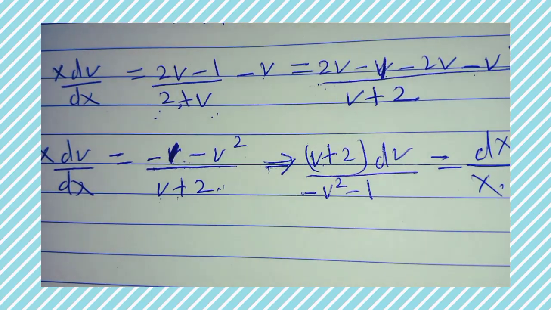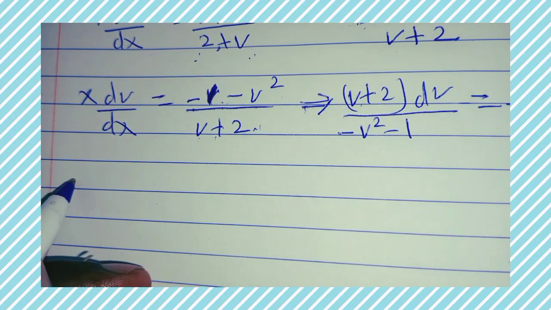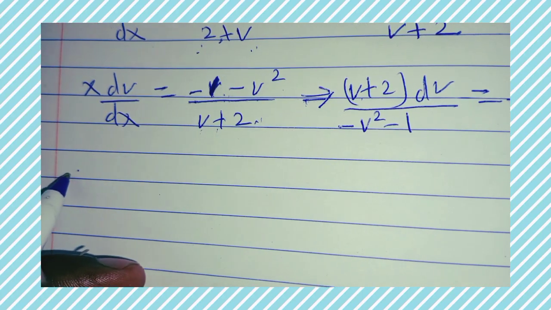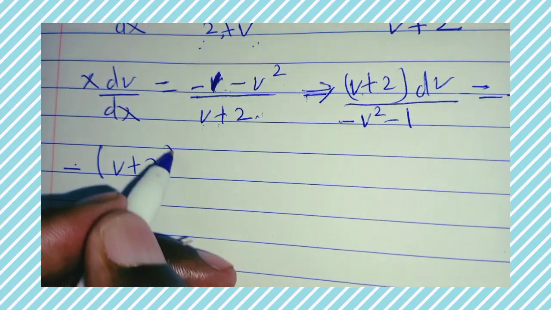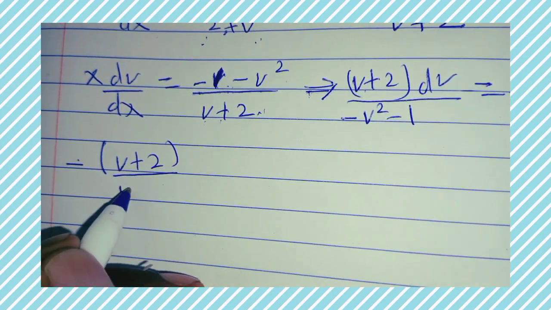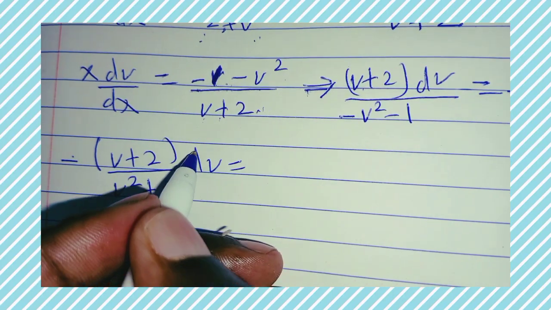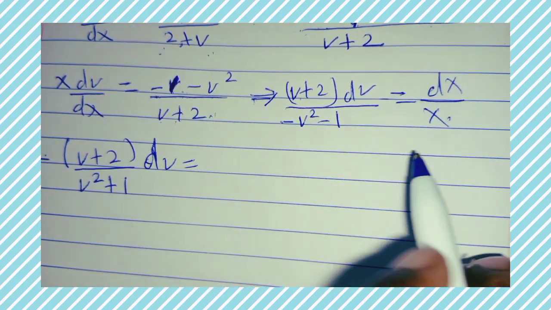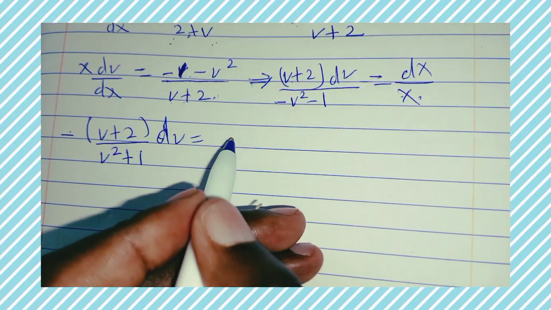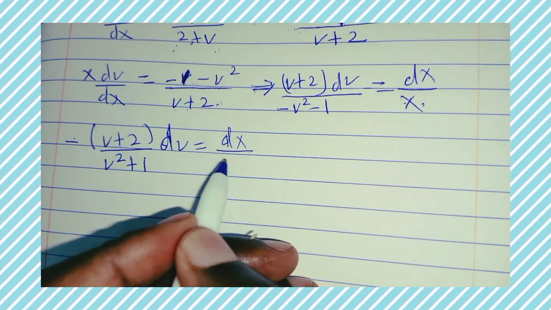So that is what we obtain after separating the variables. Now we can factor negative outside, and we are going to have negative (v + 2) divided by (v² + 1) dv is equal to, on the right hand side, dx over x.